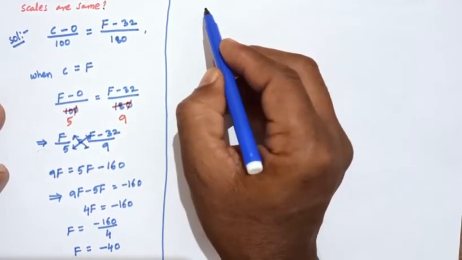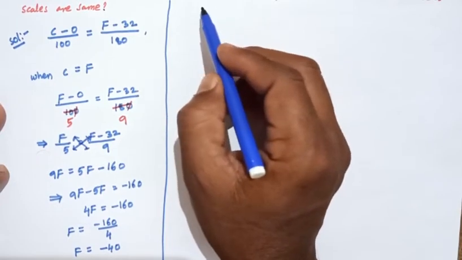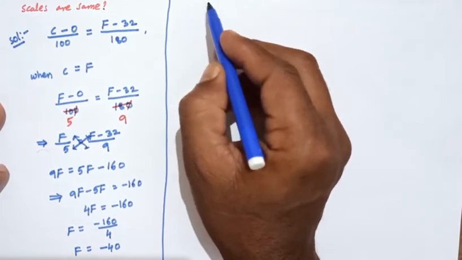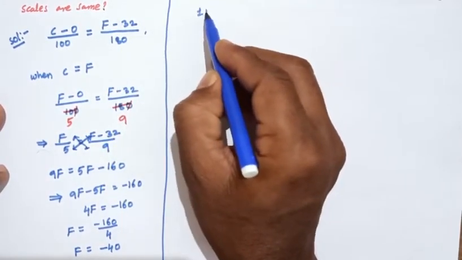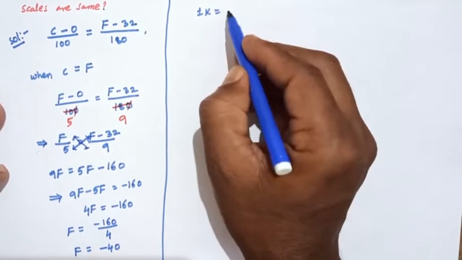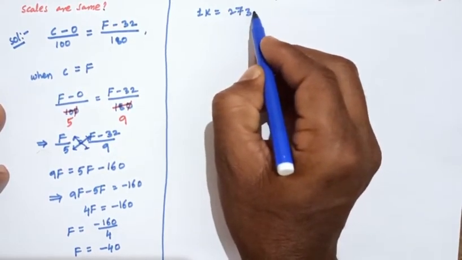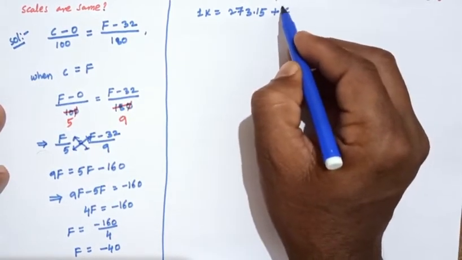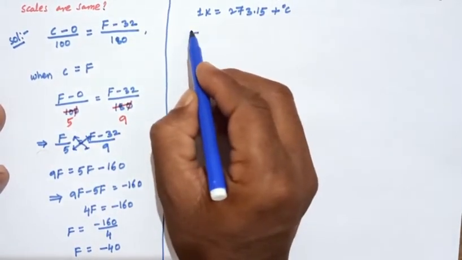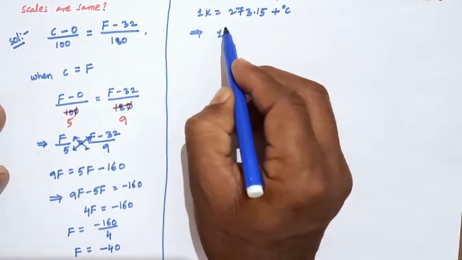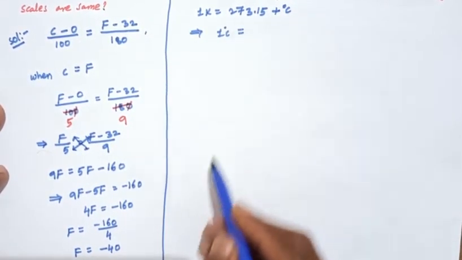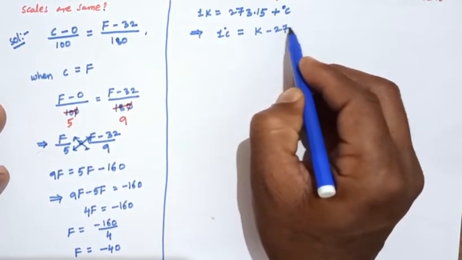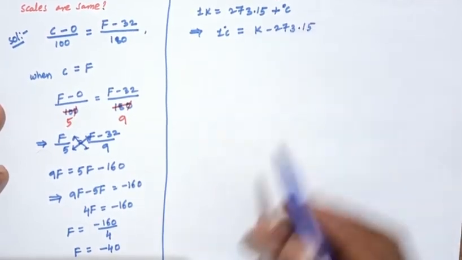So we know that 1 Kelvin equals 273.15 plus the Celsius scale. So 1 degree Celsius equals K minus 273.15.